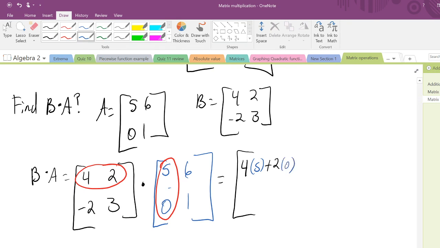Alright, then I'm going to do the green. I'm going to go first row times the second column. So then I have 4 times 6 plus 2 times 1.